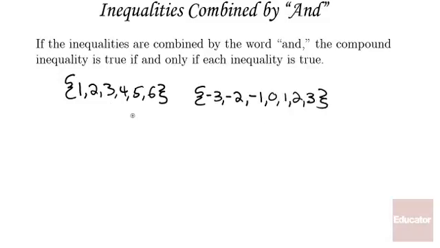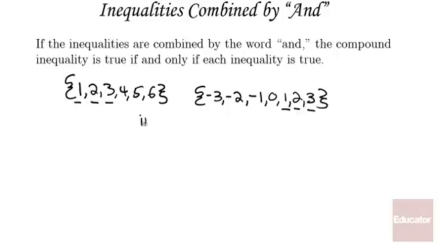If I'm looking for the intersection between these two solution sets, I'm looking for the areas where the solution sets overlap. And I look at this one and I look at this one and I see which elements are the same. And I see that I have a 1 in both of them, a 2, and a 3.